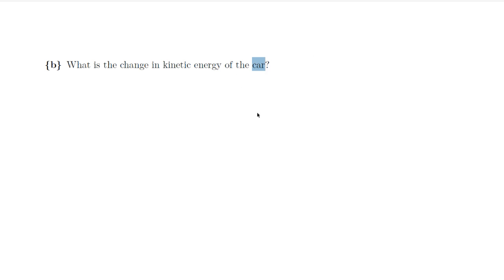For example, if the car started from rest and then the collision happened as the truck moved it out of the way, then the kinetic energy of the car would increase because it would have to go from rest up to a rate of speed. So you would get a positive answer. But in our case, it starts out with a faster speed and then it loses speed. So that means we will get a negative change in kinetic energy, or a loss.